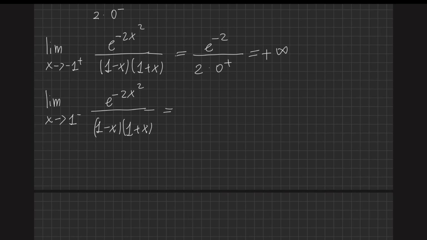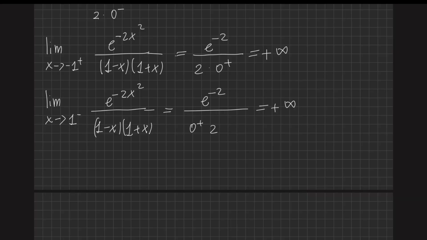And now the numerator is always easy, we are going to get e to the minus 2 divided by 1 minus 1 is 0, but we are approaching 1 from the left hand side, so because the limit is at 1 minus, we can just plug in x equal to 0.9, for example, so 1 minus 0.9 is something positive, so this is going to be a 0 plus times 2, and now we are dividing by 0, so we're going to get infinity, and then since all these numbers are positive, we are going to get plus infinity.